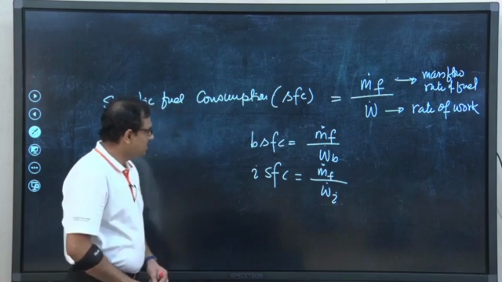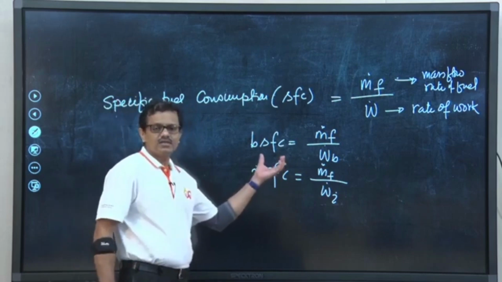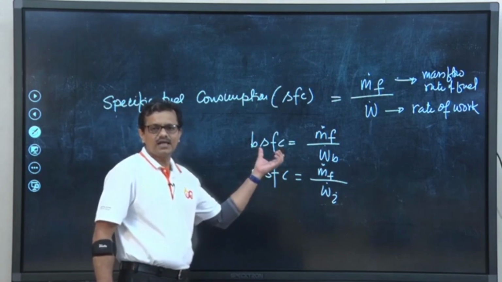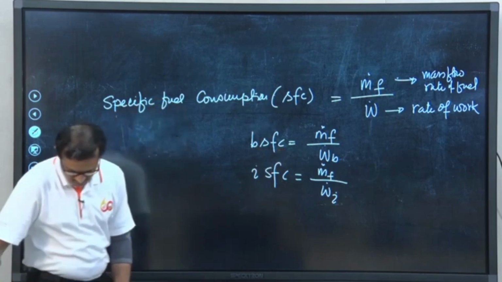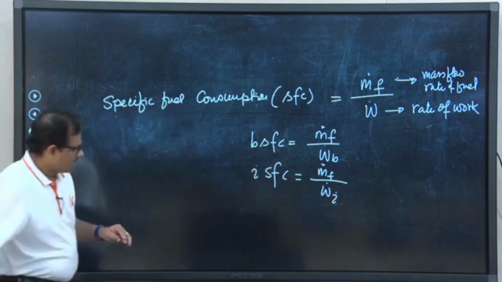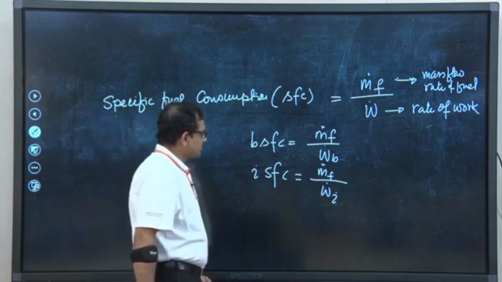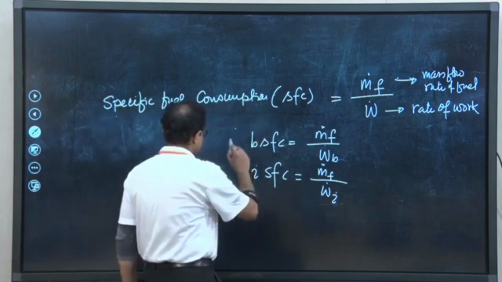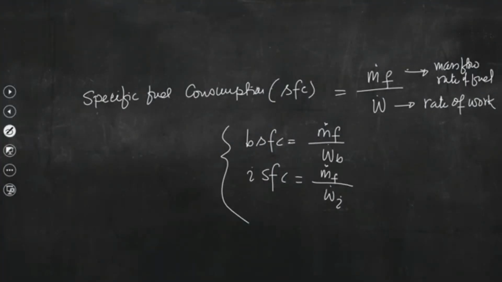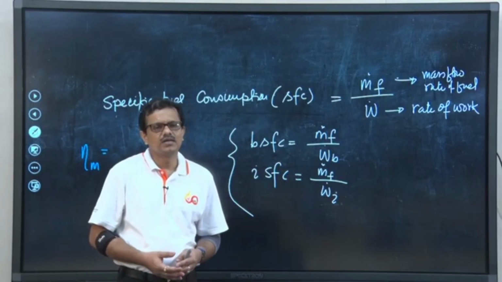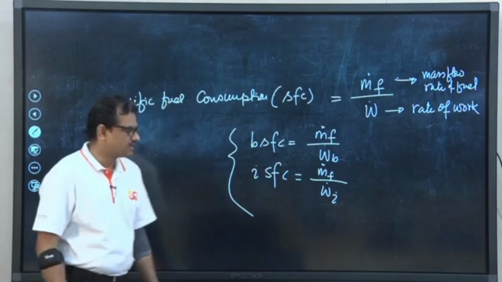Okay. So, again it is similar to what we have discussed, like brake mean effective pressure and indicated mean effective pressure. We will be discussing several other efficiencies of internal combustion engine in one of the next classes.